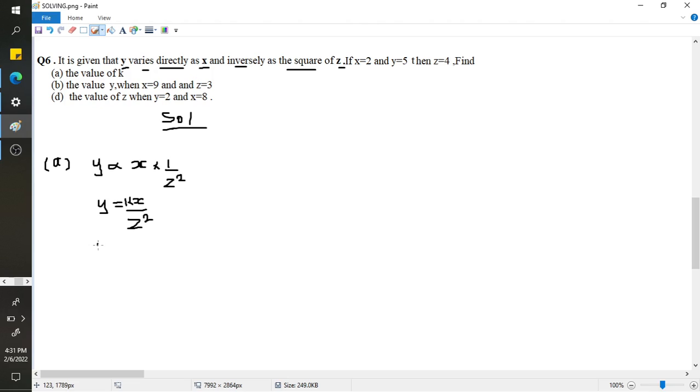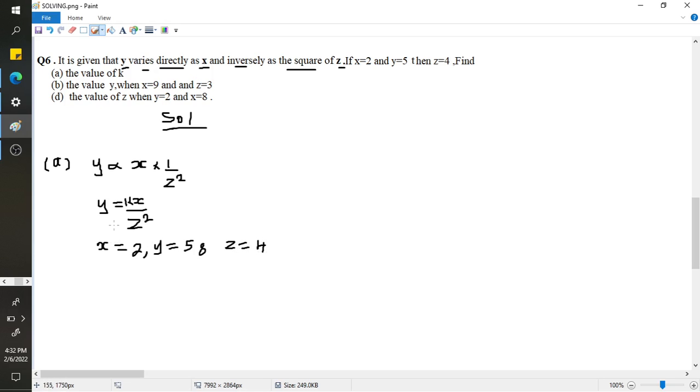Now to calculate the value of k, we have been given that x is equal to 2, y is equal to 5, and we've also been given that z is equal to 4.